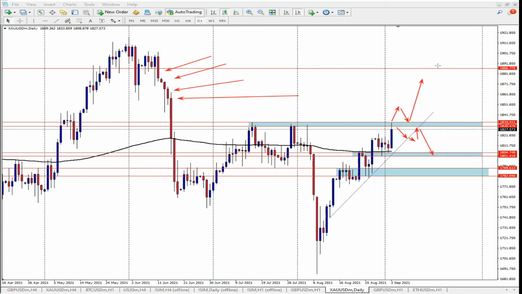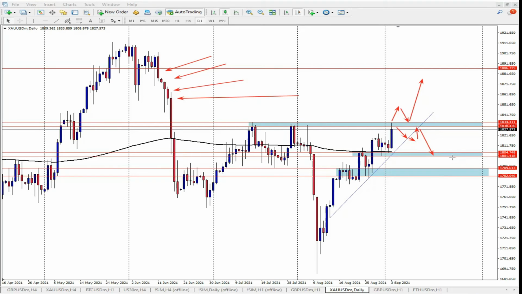Then we can go bullish all the way to 1886 on a longer time frame. Or when it breaks our trend line, then we can go in for a sell to target 1804 as our first target, and 1789 would be our second target. So this is going to be our outlook, what we are going to be targeting, looking out for on gold.